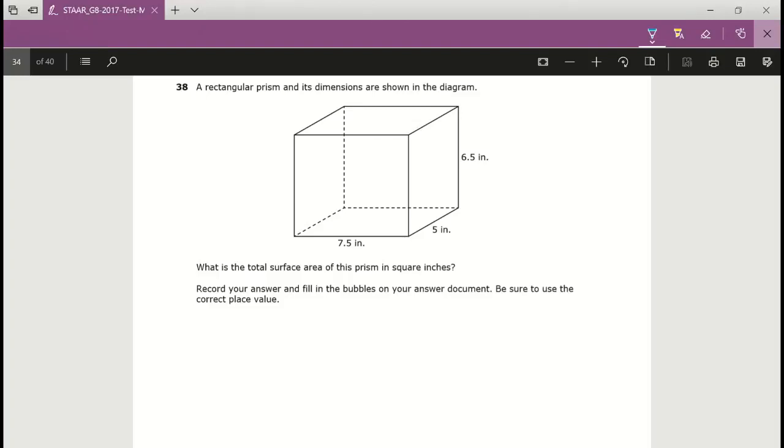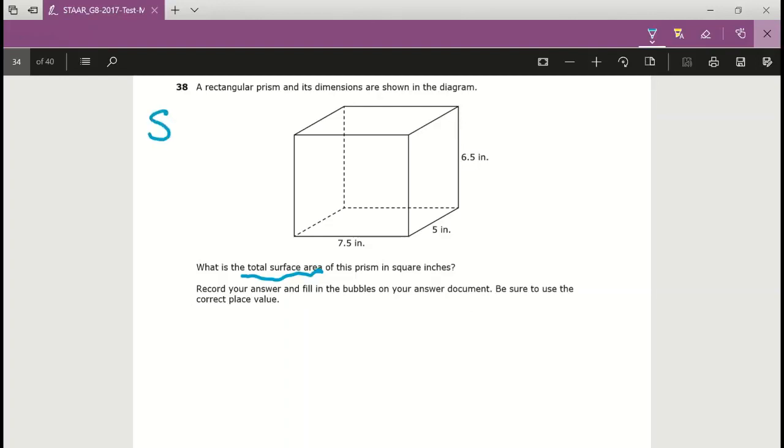Number 38 is a surface area problem. We are finding the total surface area. Total is important. We're finding the total surface area of this rectangular prism. Fun stuff. So the first thing I would do is write down the total surface area formula.